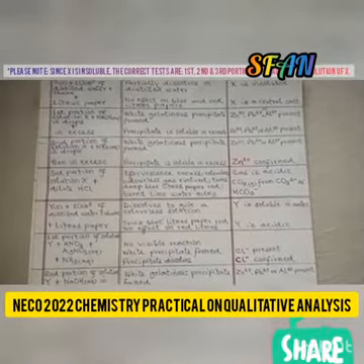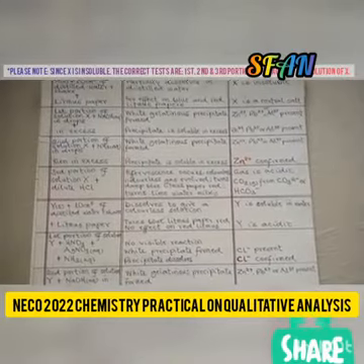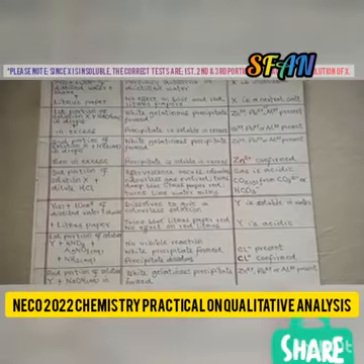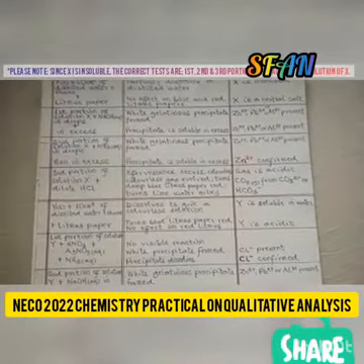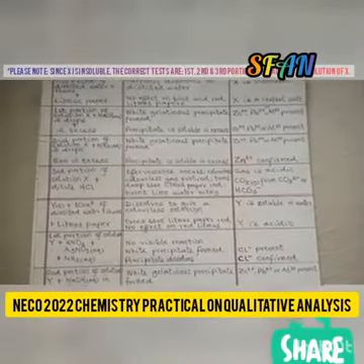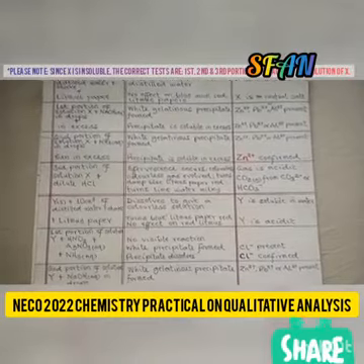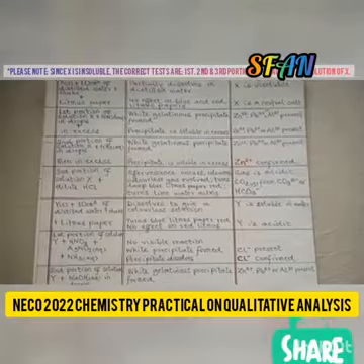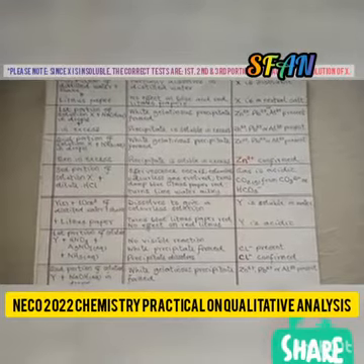And then when we added in excess, the precipitate dissolved. That means the precipitate is soluble in excess aqueous ammonia. It dissolves to give a colorless solution. And from there, our inference is that Zn²⁺ is confirmed.